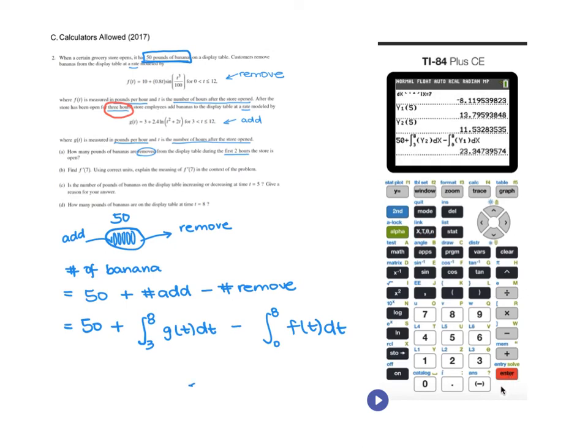And this would give us 23.347 pounds of banana at time t equal to 8. And that's it. Yay, we made it.